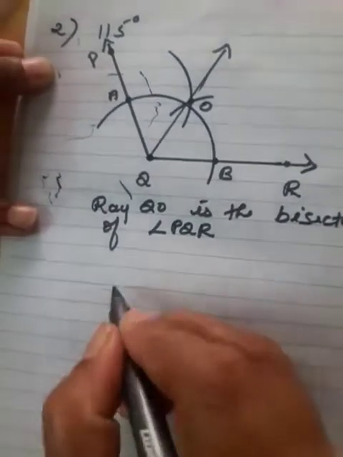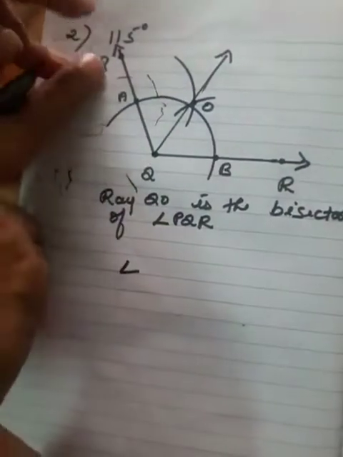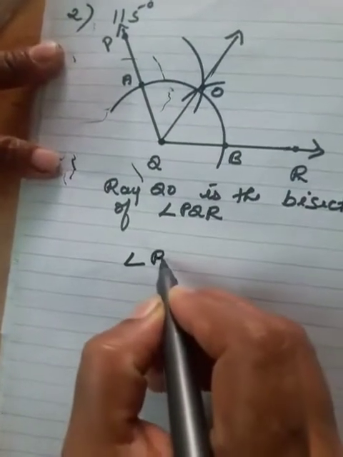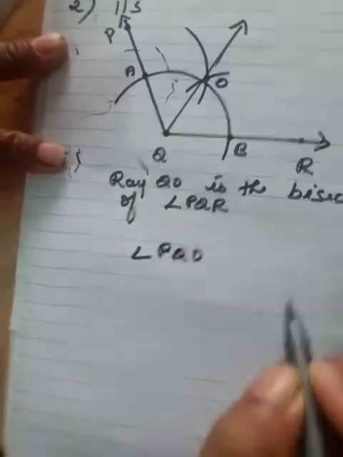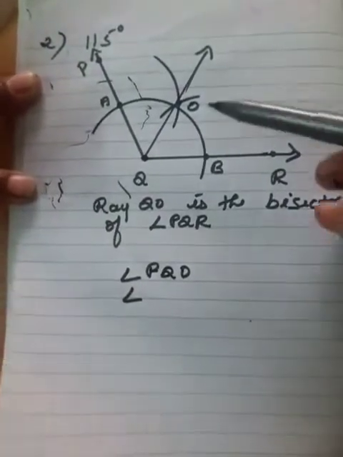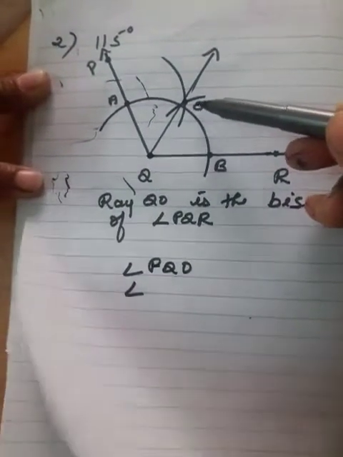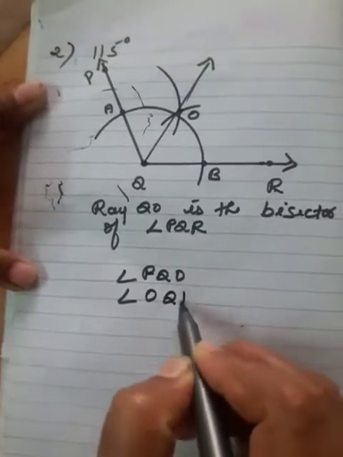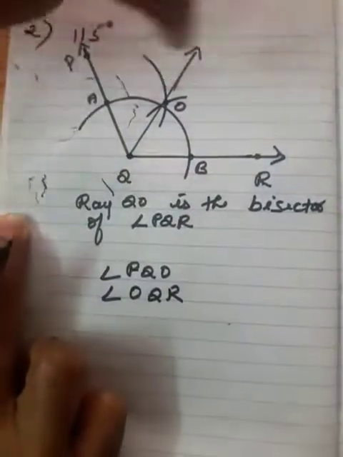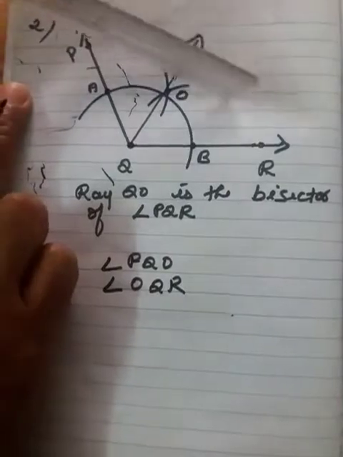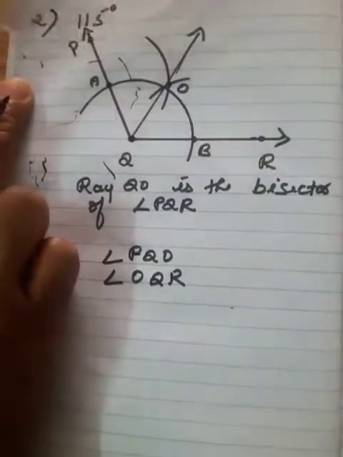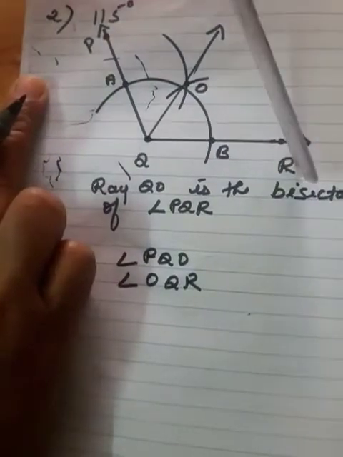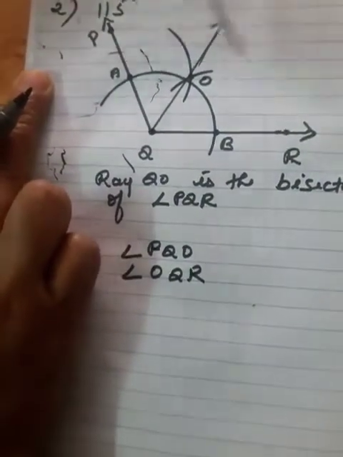One is angle PQO, right students? PQO, and one more angle, which is angle OQR. Two angles are formed inside the angle PQR. That means this ray divides the angle PQR into two equal parts.